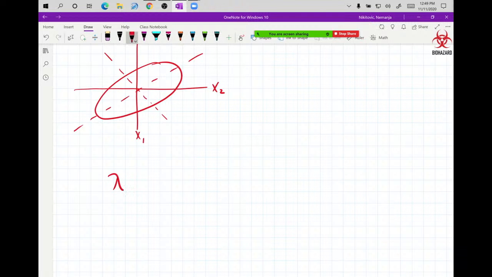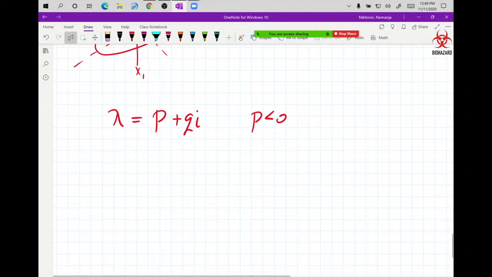Now, when you get eigenvalue lambda to be e to the pt, when you get lambda with p plus qi, where p is less than 0, then your solution spirals in.